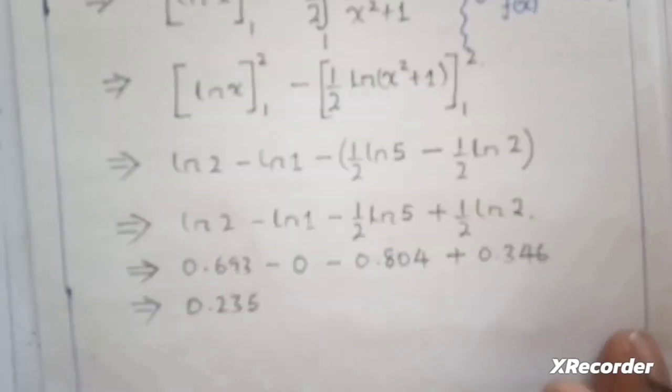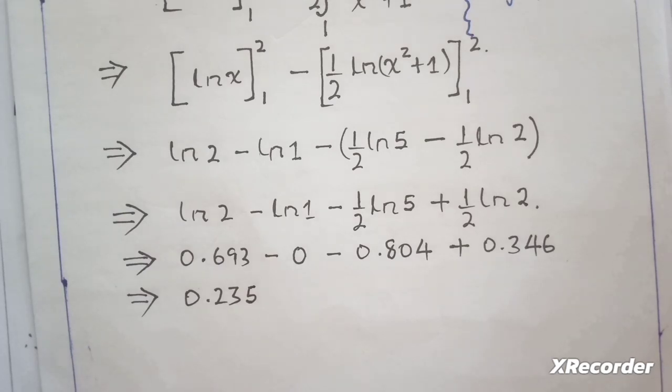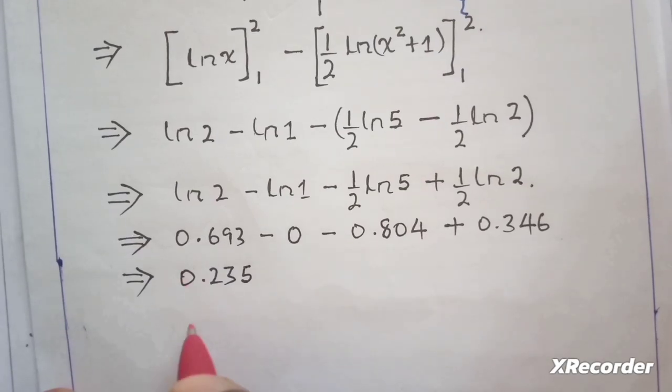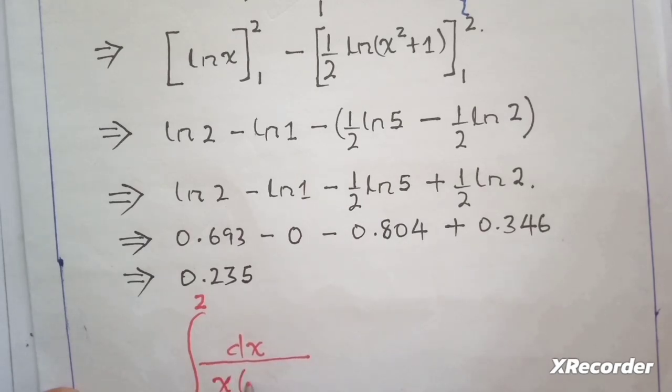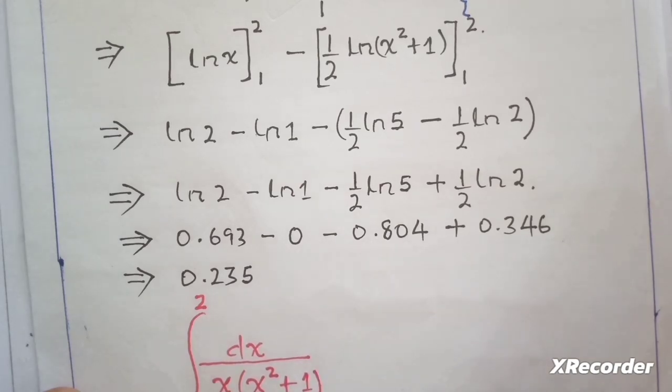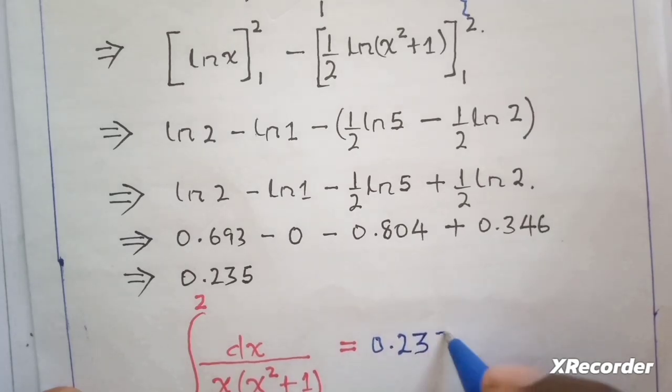So guys, to state it afresh, the integral of 1 with limits 1 and 2, dx all over x squared plus 1, now gives us this figure, 0.235.